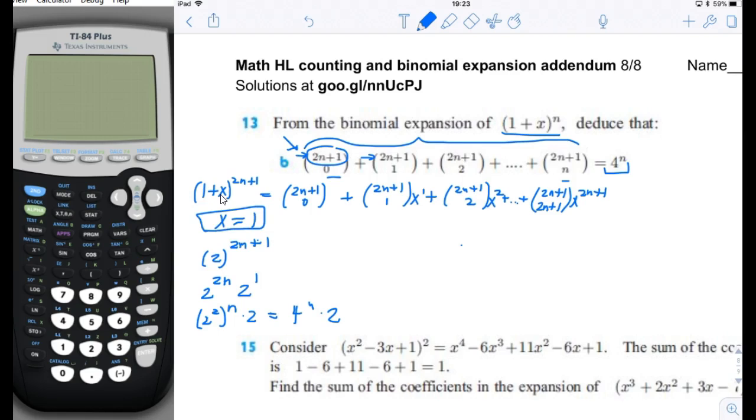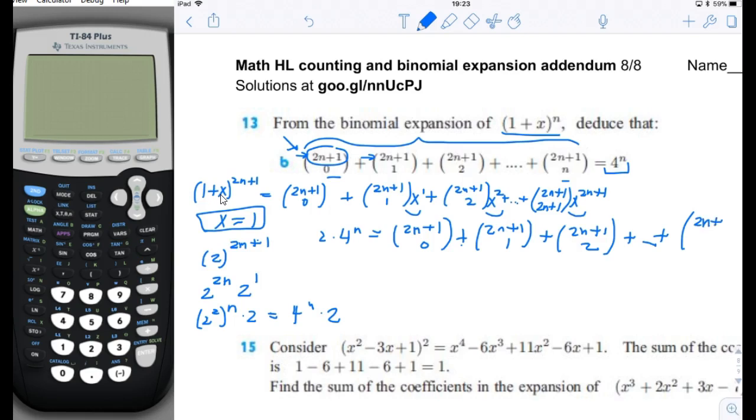So if we make x equal to 1, the left side is going to be 2 times 4^n. The right side is going to be, all these x's are just going to disappear because x is equal to 1, right? So then I just end up with all these Pascal's triangle coefficients added together. (2n+1) choose 2, and so on, all the way up to (2n+1) choose (2n+1).